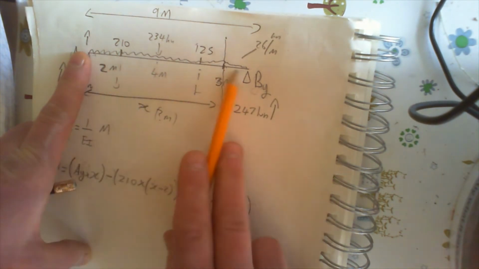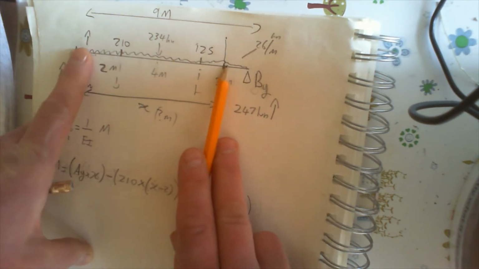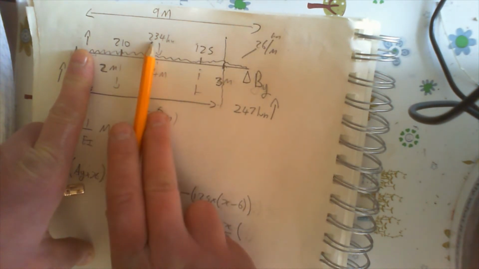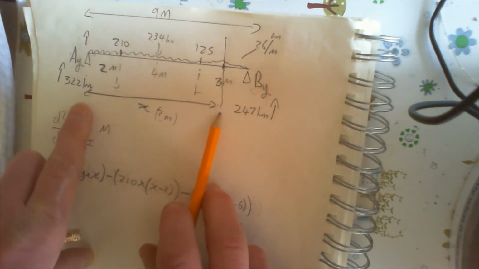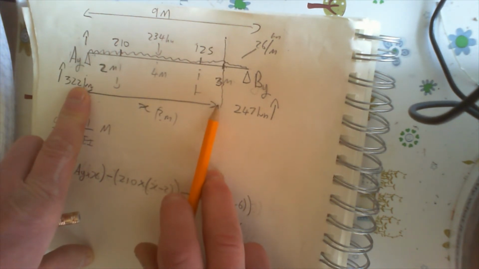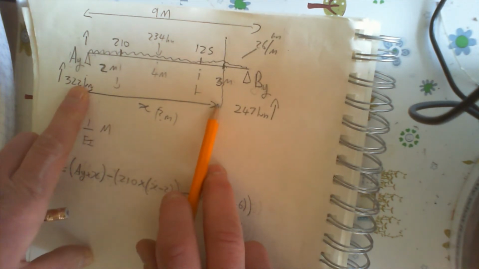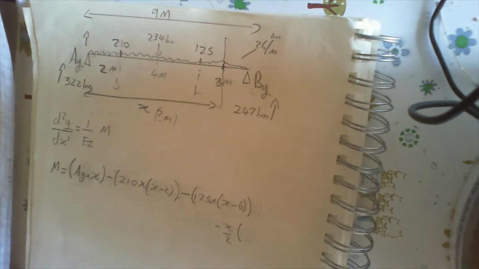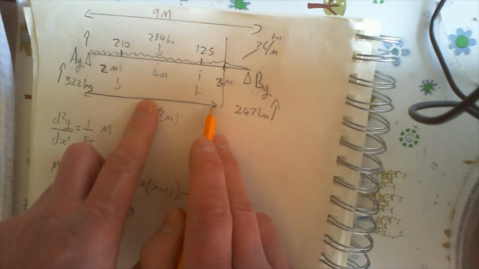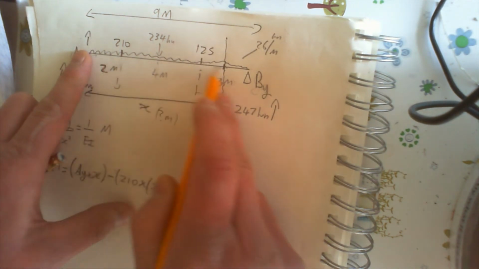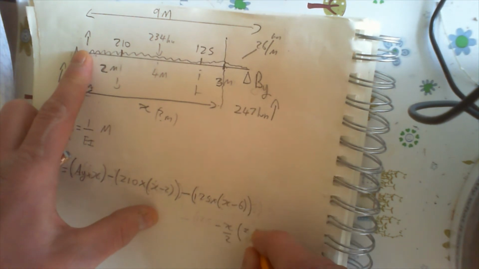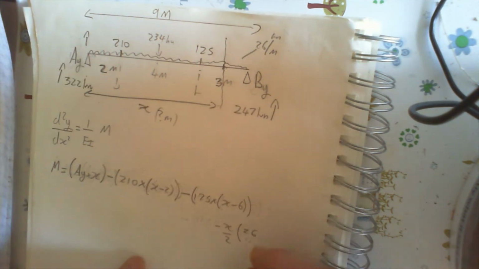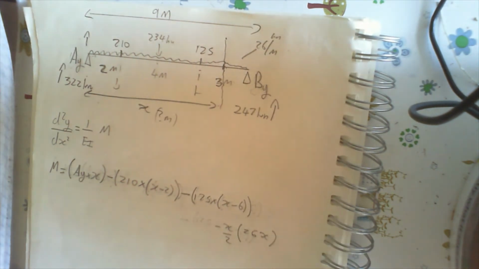We're saying, right, that's not 9, but this length is x, so it's not going to be quite 2, 3, 4, because we're taking a little bit out of it, but we're not sure what x is. X is just an arbitrary distance we're using, because when we figure this out we can use any value of x. So if halfway along there is x over 2, then the actual point load is going to be composed of 26 times the length, which is x. I hope you can see that.